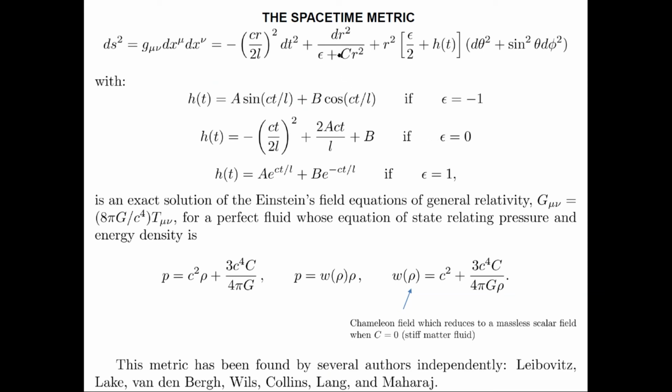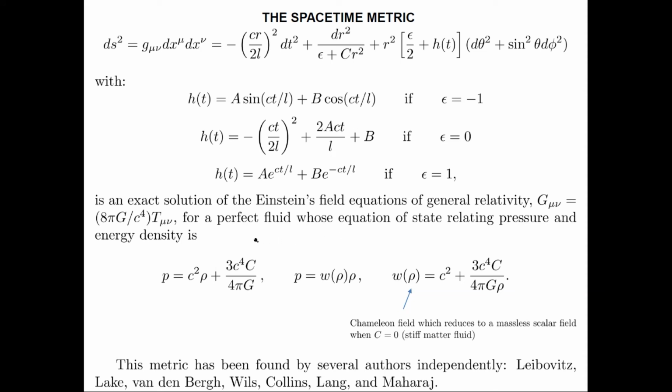The metric is based on three free parameters, which are A, B, and C. And also we have this function h of t, which is a sort of scale factor. You can also see that only the angular part of this metric and not the radial one is time expanding. This metric is an exact solution of the Einstein field equations of general relativity.